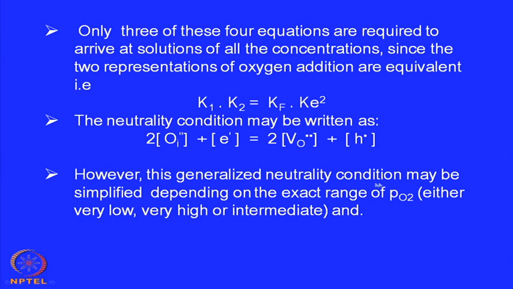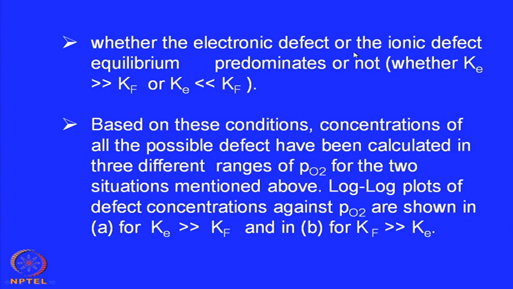However, this generalized neutrality condition may be simplified depending on the exact range of PO2, either very low or very high or intermediate, and whether the electronic defect or the ionic defect equilibria predominates or not, that is, whether Ke is greater than Kf or Ke is less than Kf.